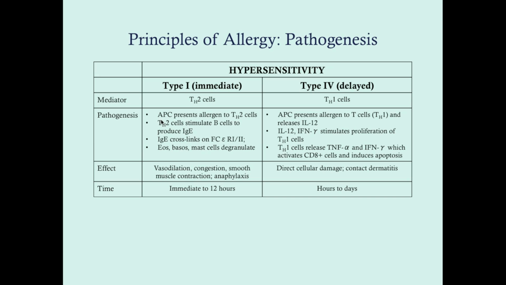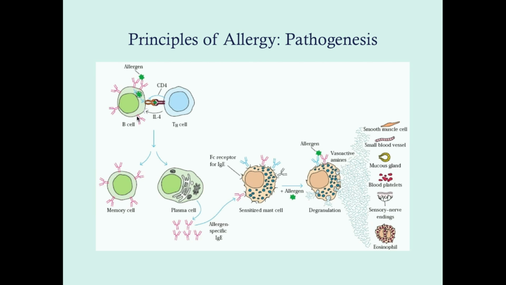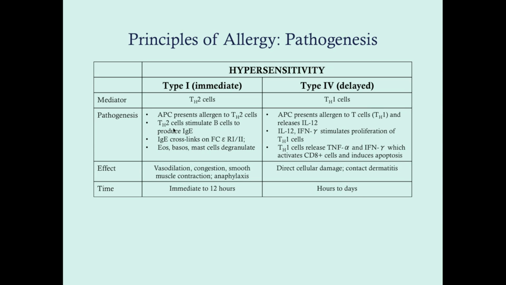So what happens here? Again, like I already said, we have an antigen-presenting cell presenting the allergen ultimately to CD4 cells, type 2, so Th2 cells. These are helper T cells. These helper T cells will then stimulate B cells to produce IgE.